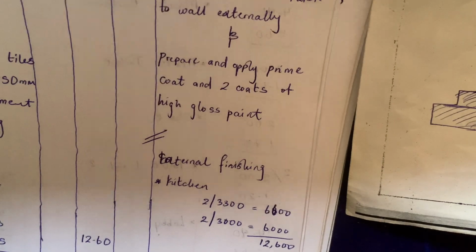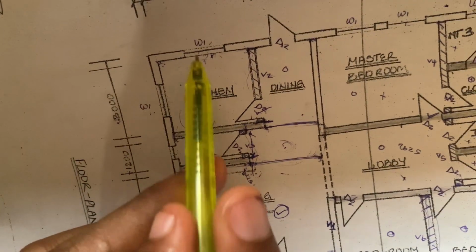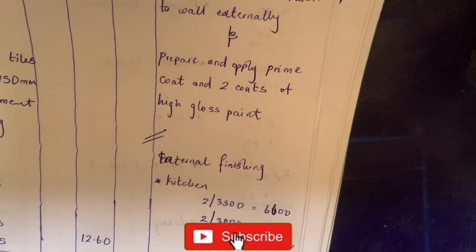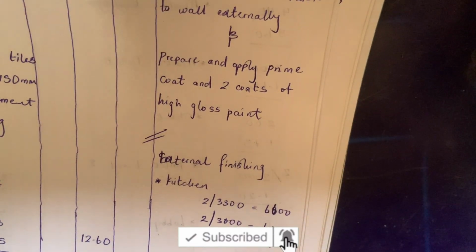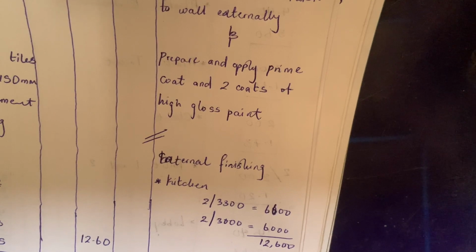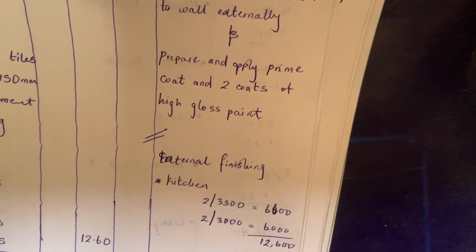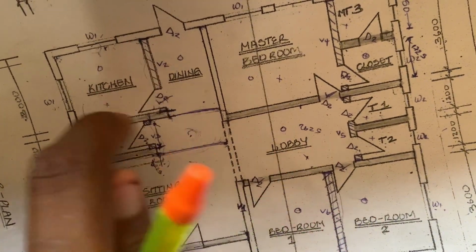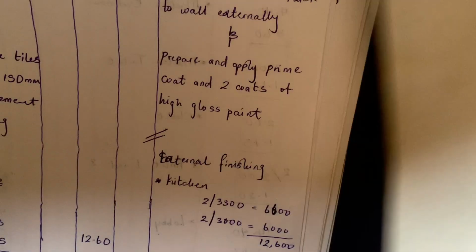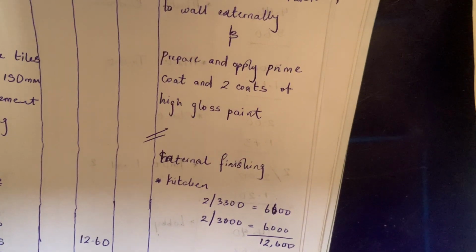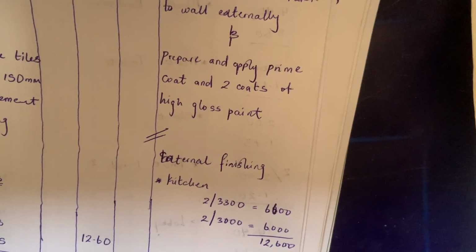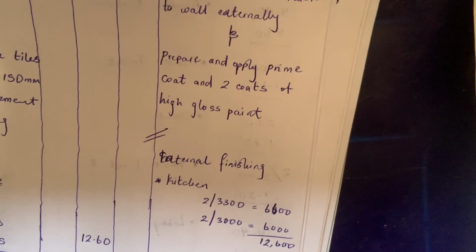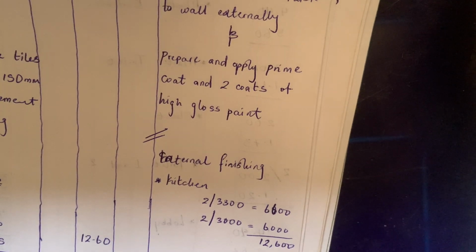How many window 1s do we have at the kitchen area? 2. So we count it by 2. Then the next thing we can see is door 2. What is the dimension for door 2? That's this door 2 here that you can see when you are inside. It is 900 by 2100. So it will be 0.90 by 2.10, and then we close. Doing this, you have booked for the kitchen.